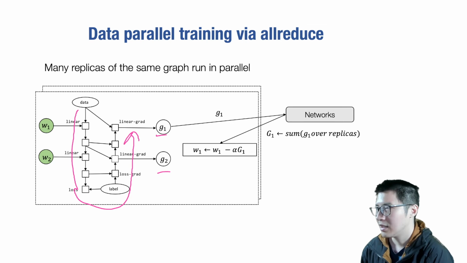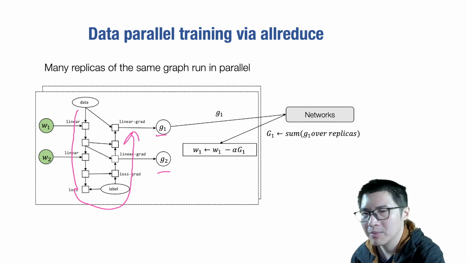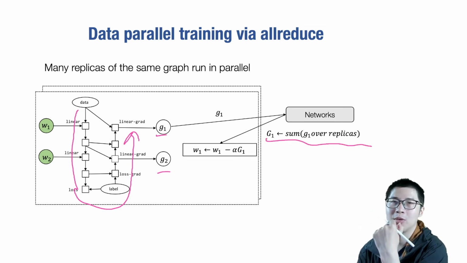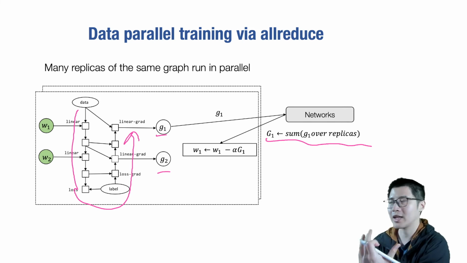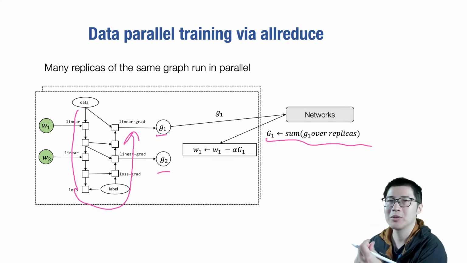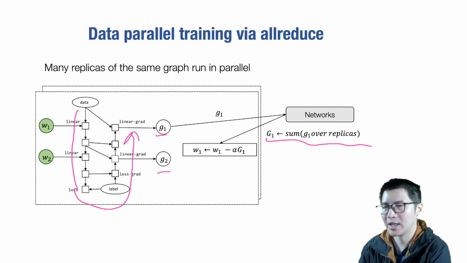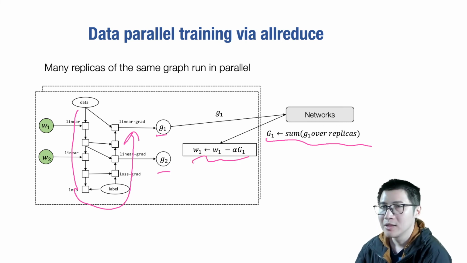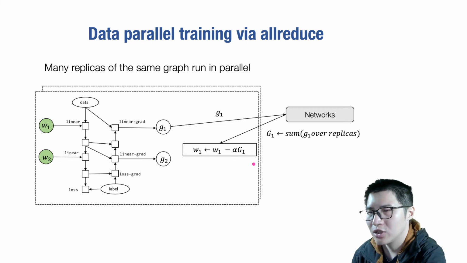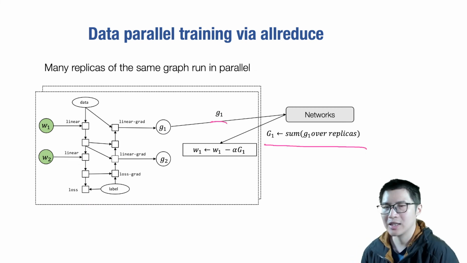And then all we need to do is compute the sum of the gradient over all the replicas. Because if we get the sum of gradient, we'll be able to use that value to run, say, a stochastic gradient update. So all we need to do is take G1 and get big G equals G1 over all the replicas.